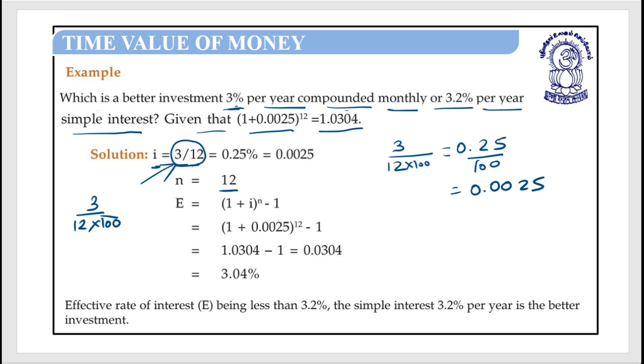Compounded monthly, so n is equal to 12. E is equal to (1 plus I) raised to n minus 1. So (1 plus 0.0025) raised to 12 minus 1.